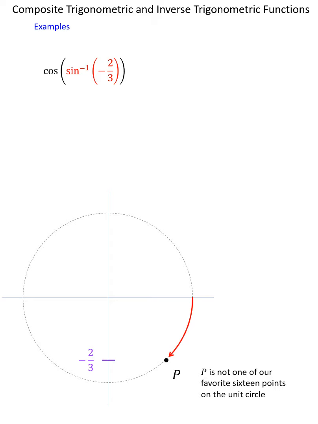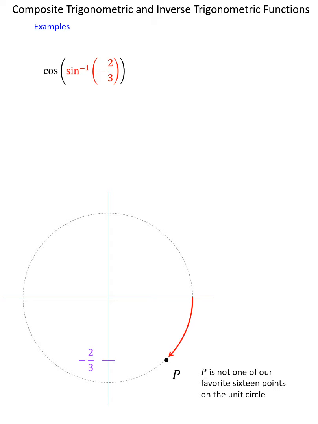But it turns out, and here's the funny thing about this problem, even though I cannot find the exact value of inverse sine of negative 2/3 without a calculator, I can still find the cosine of that unfindable arc length, because that arc length is represented by the red arc at the bottom of the screen.